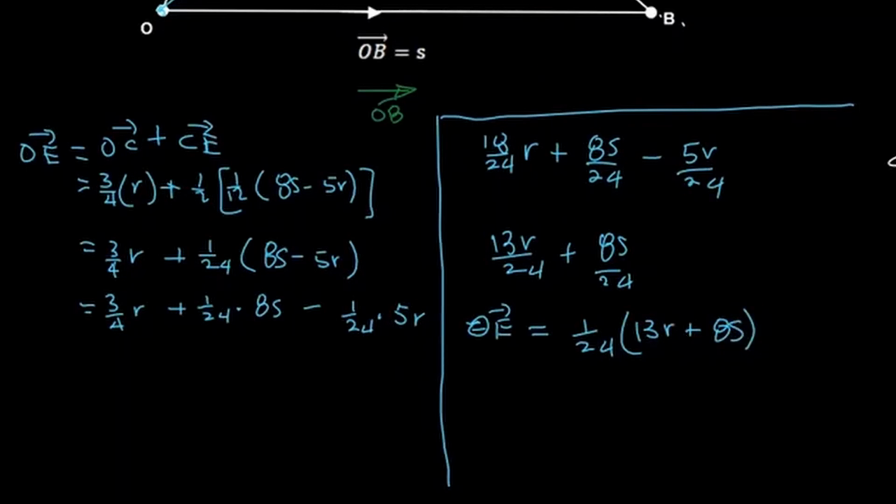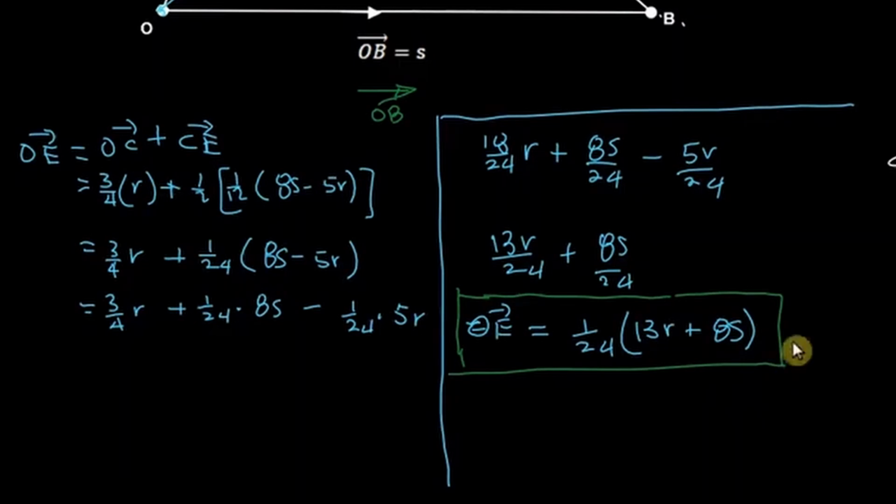So let's just highlight that to make sure that we see it clearly. And that is our final value, 1 over 24 and 13R plus 8S. Like I'm saying, it's a little lengthy, but it's just simple arithmetic, taking one step at a time to your destination.